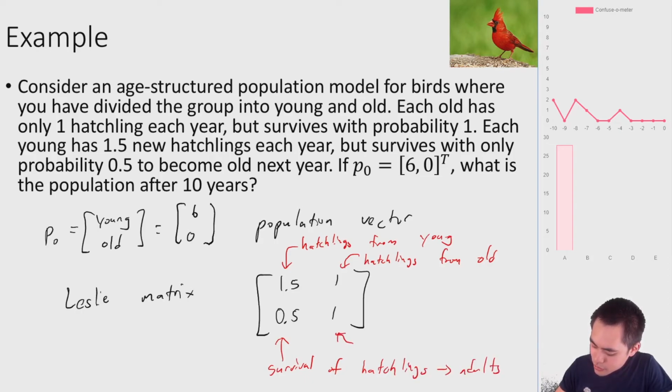And this here is survival of adults. Okay, and what we need to find is L to the 10th power times P0, which is going to be equal to P10.